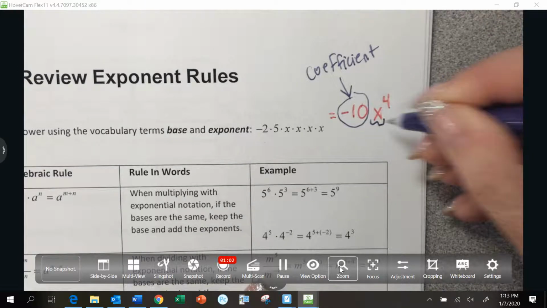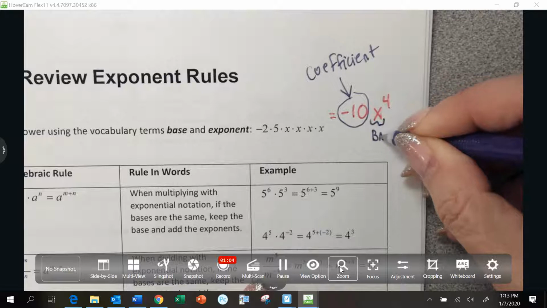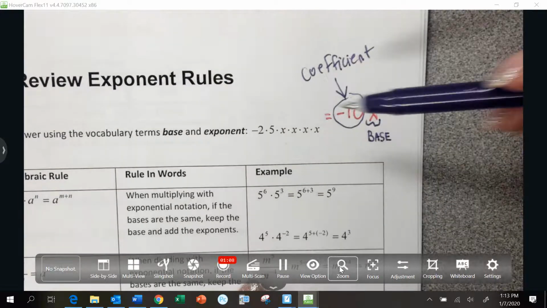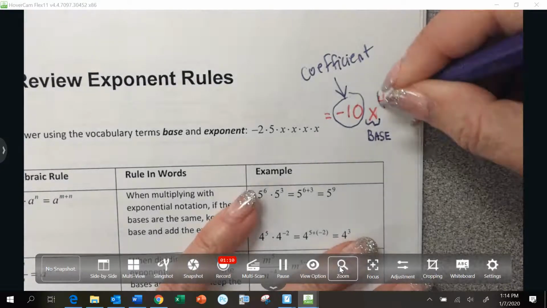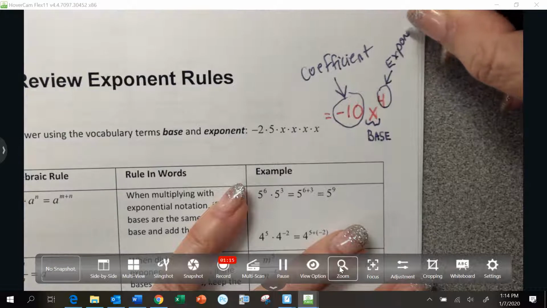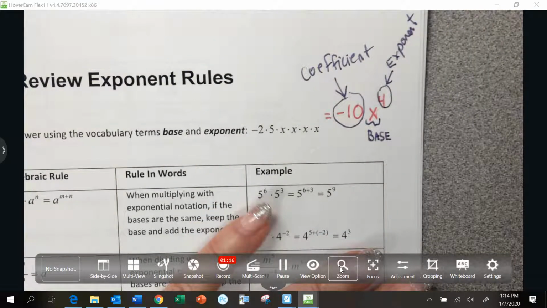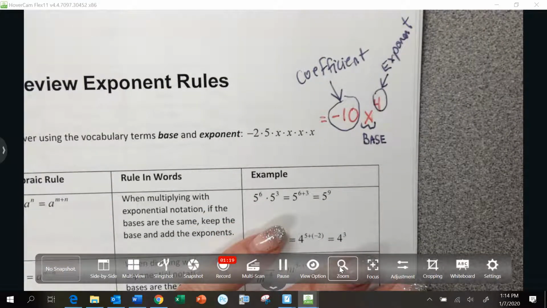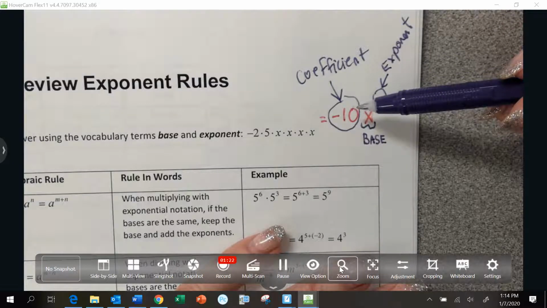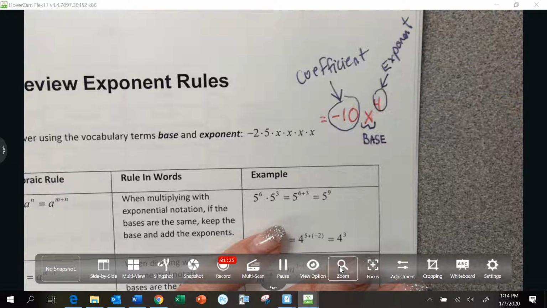X is the base. And that leaves us with what as the exponent? 4 is the exponent. So 4 is not on the coefficient. 4 is not on the negative 10. It's only on the base, which is x.